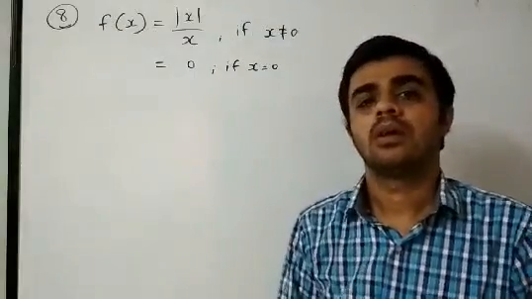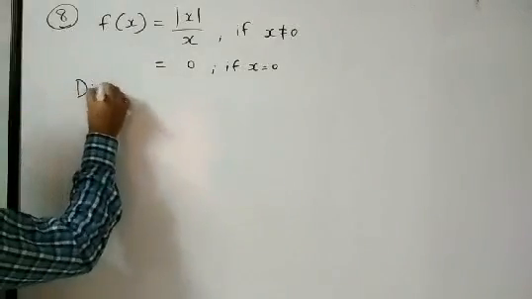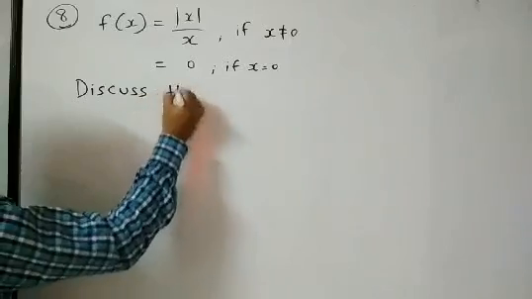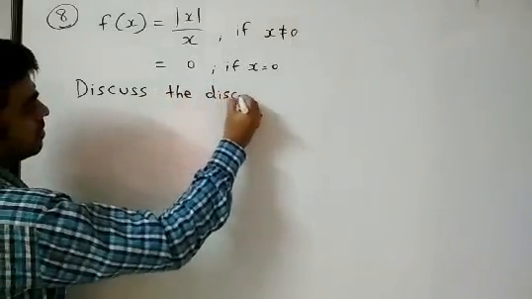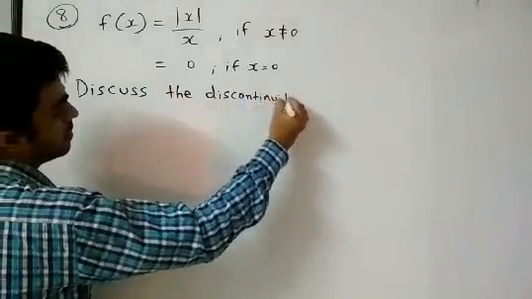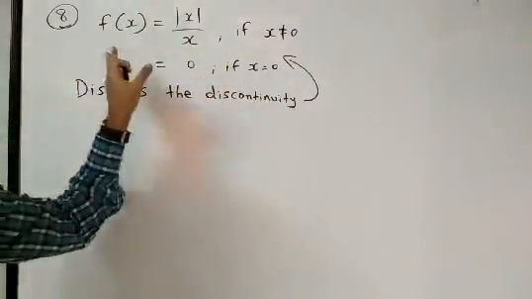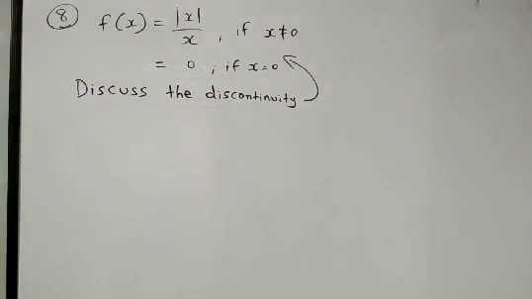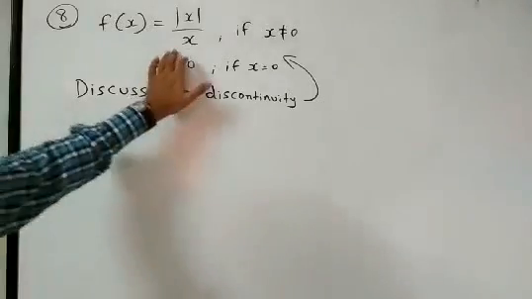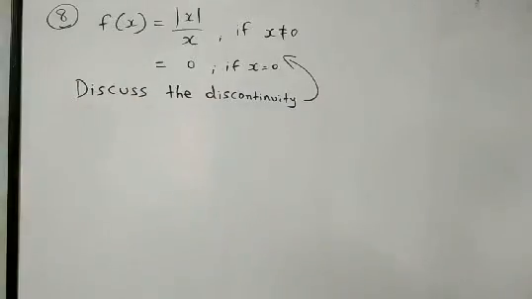Here we have to discuss the continuity of the function f of x equal to modulus x by x if x is not equal to 0, and if x equals 0, then its value is 0.